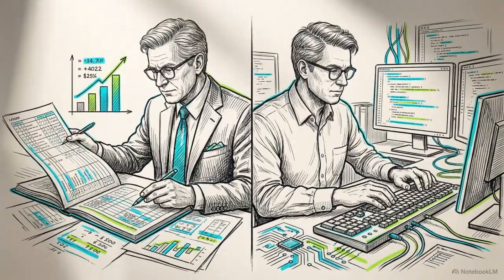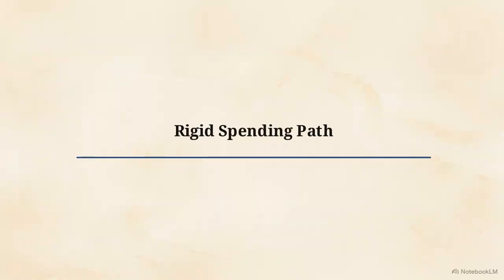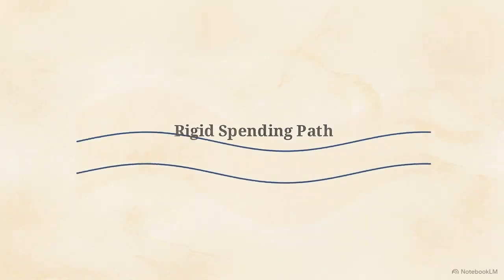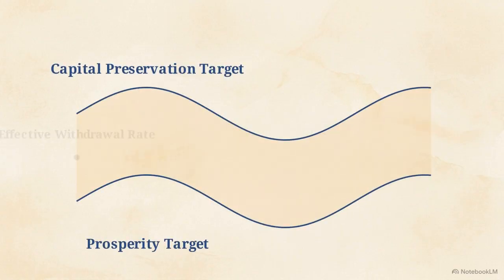To solve both of these extremes, financial planner Jonathan Guyton and computer scientist Klinger built a dynamic framework. Instead of locking your withdrawals into a single, rigid path for 30 years, their strategy establishes clear mathematical boundaries around your spending. These boundaries act as tripwires.